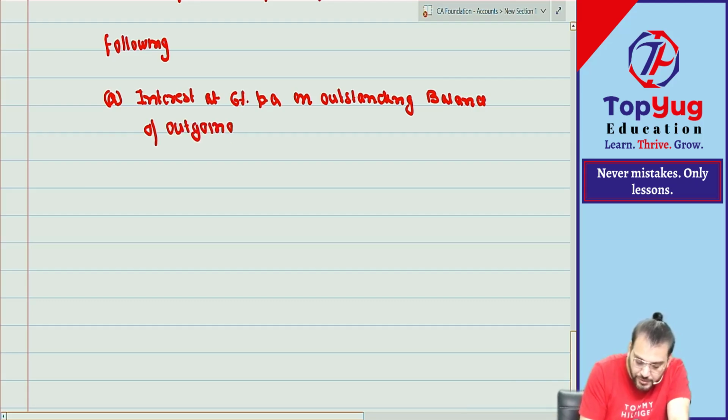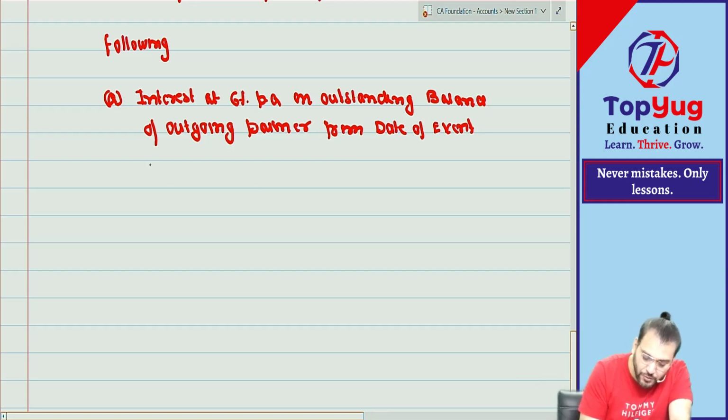Of the outgoing partner. Understood? From which date to which date? From the date of event to the date of settlement.